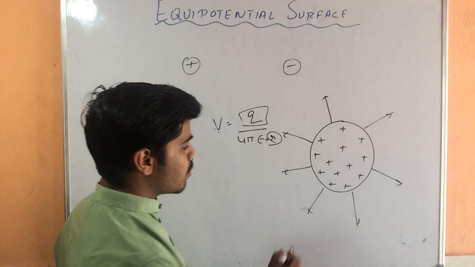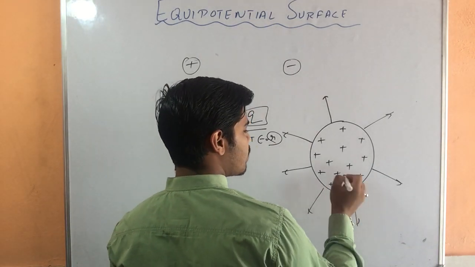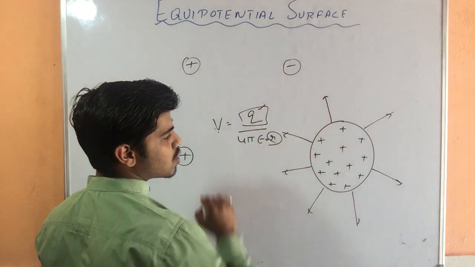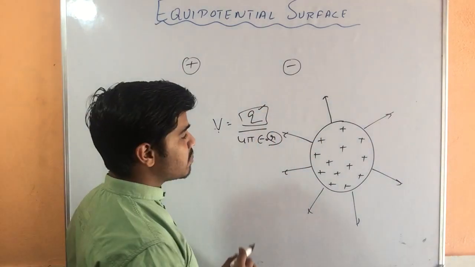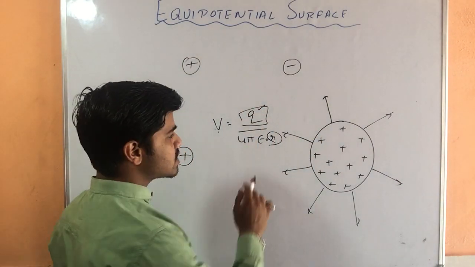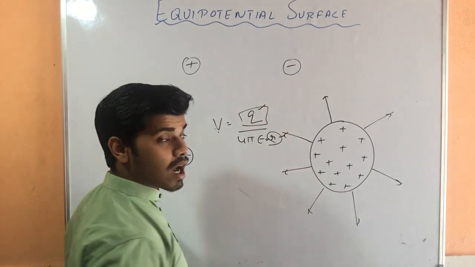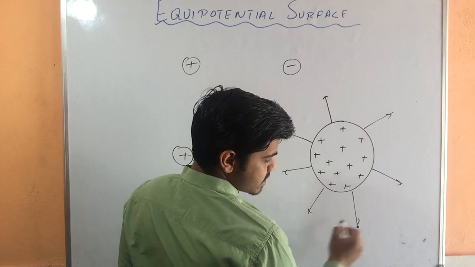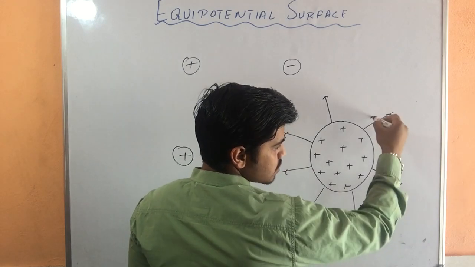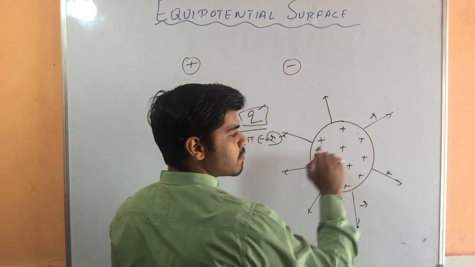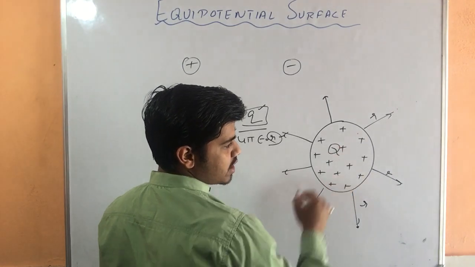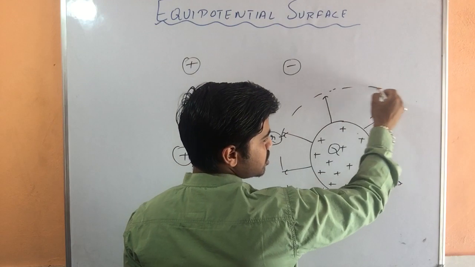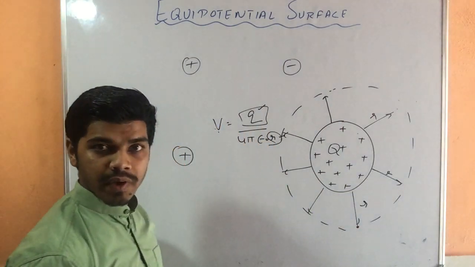So I will consider points which are only under the influence of the charge q, the same charge q, and at a distance r. So each point at a distance r, under the influence of the charged body q, we will make an imaginary surface, that is a sphere.